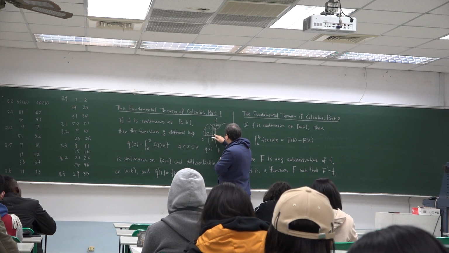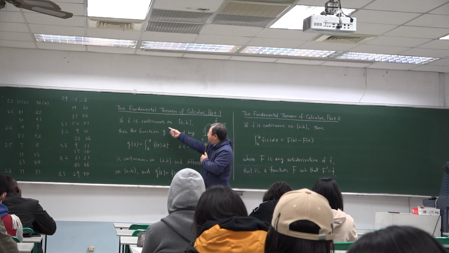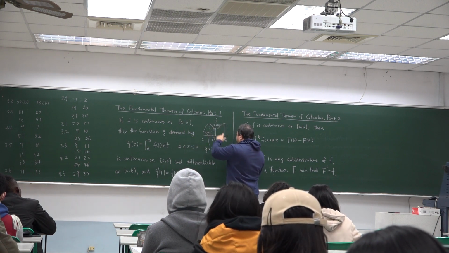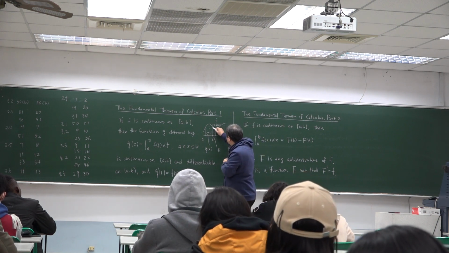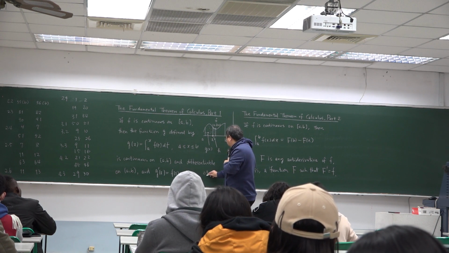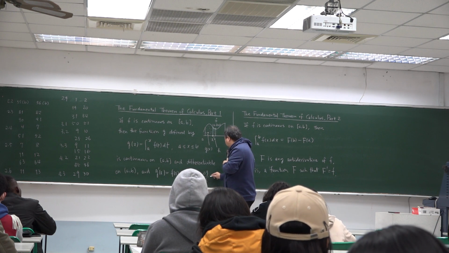Maybe this one is smaller than this, but if h is small enough, by continuity of f, this height and this height are almost the same. So g prime means delta g over delta x.